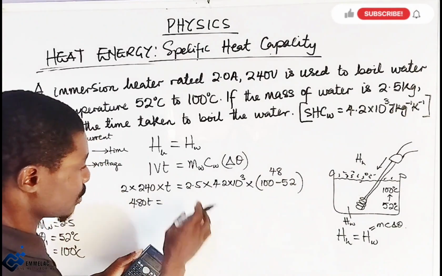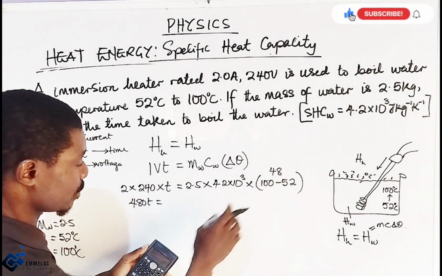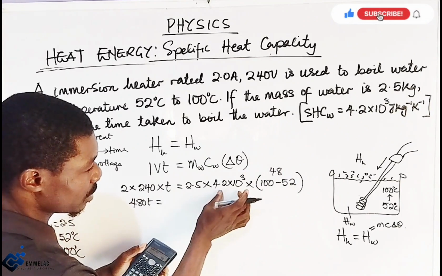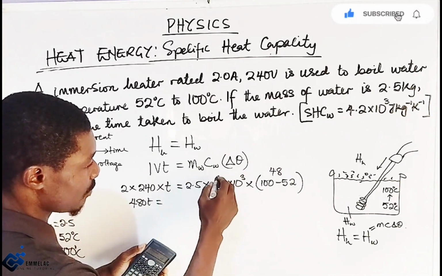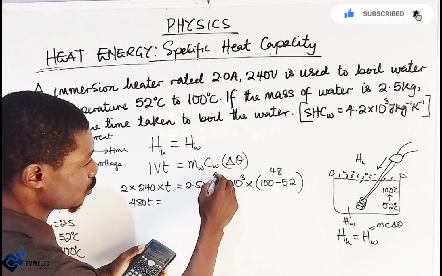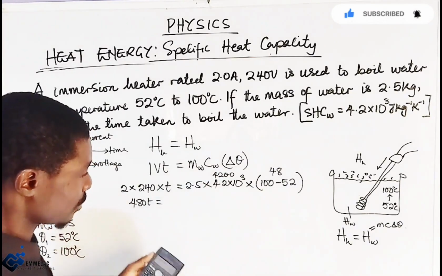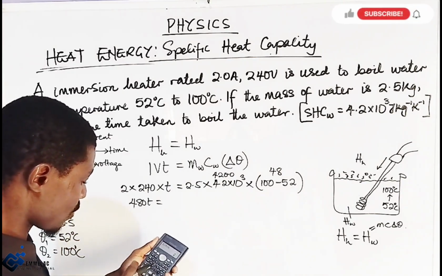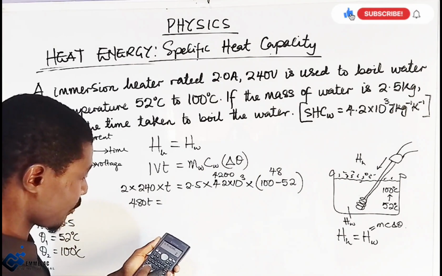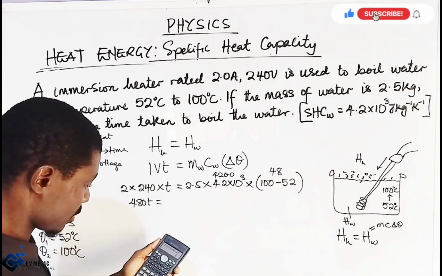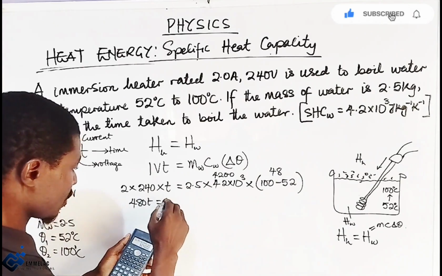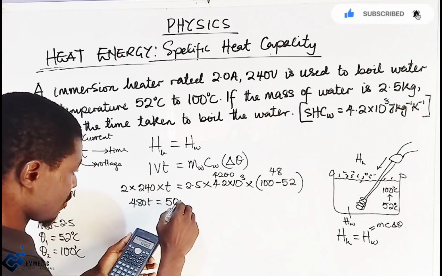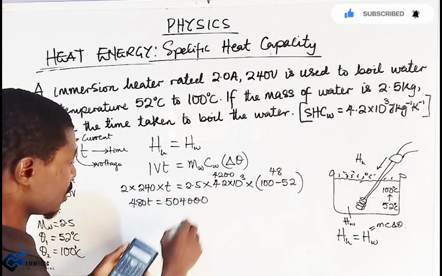Now let us multiply all this together. This one in normal form is 4200. So here we have 2.5 times 4200 times 48, which gives us 504000.